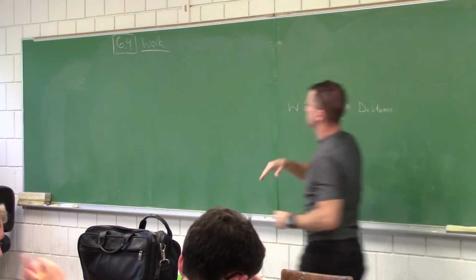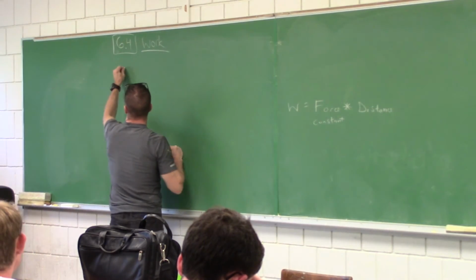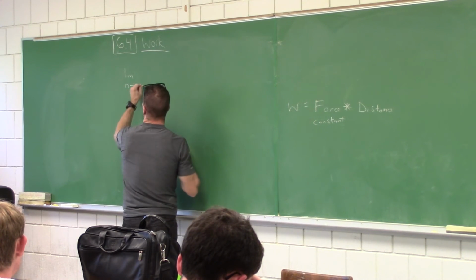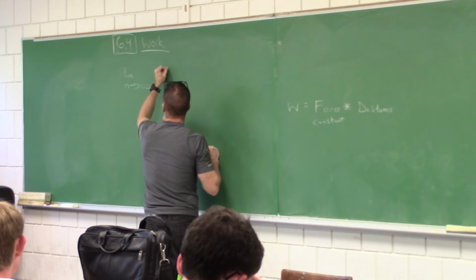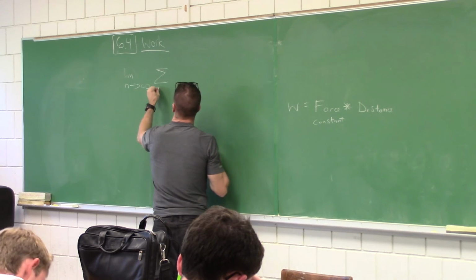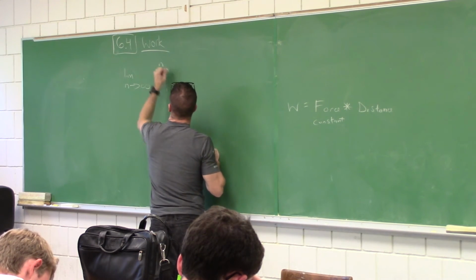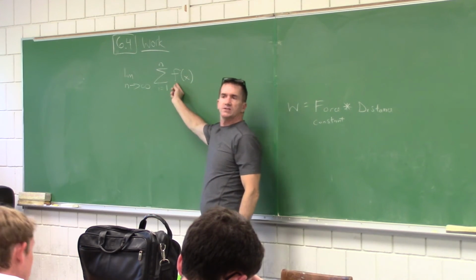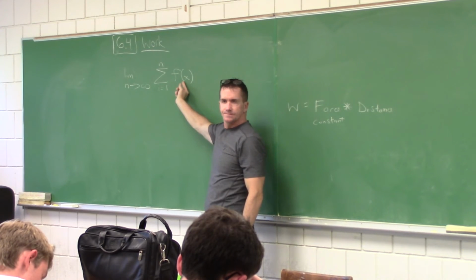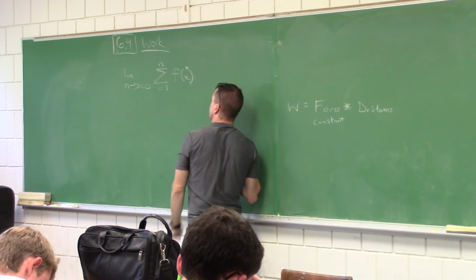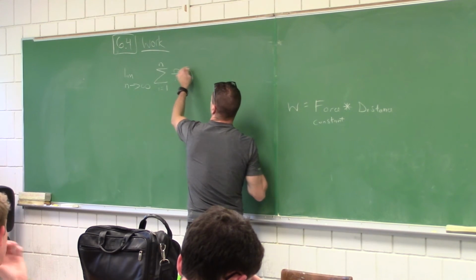So I'm going to start out with another notation. I think it's good to write it this way first. I'm going to have to take the limit of the summation, i equals 1 to n, of some force function, f of x_i star. You don't have to put the star.